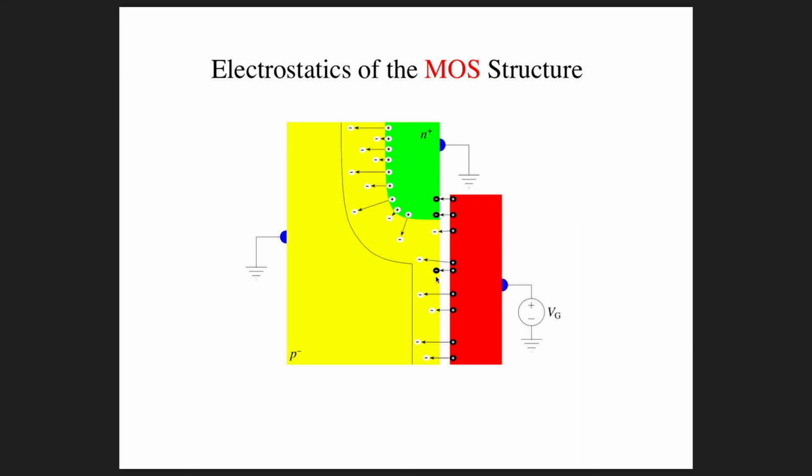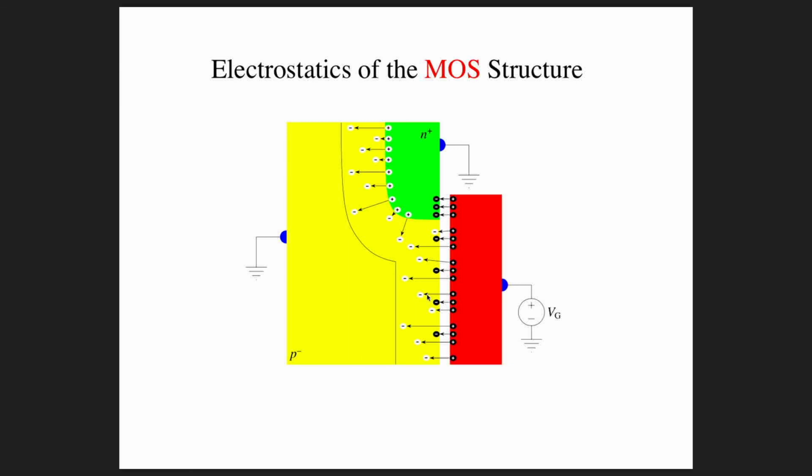And when we get to this crossover point here, where the number of mobile carriers around threshold is equal to the number of ionized acceptors per unit area, then we're basically at moderate inversion. So when the two are comparable to each other, that is called moderate inversion, and that correlates with around threshold or peri-threshold.